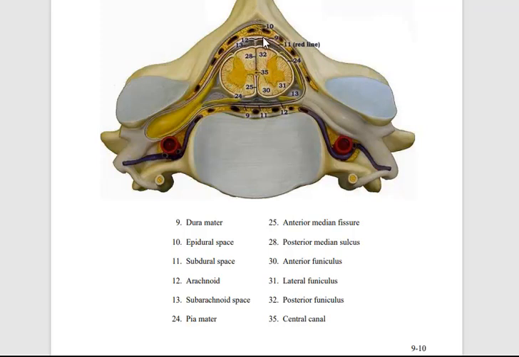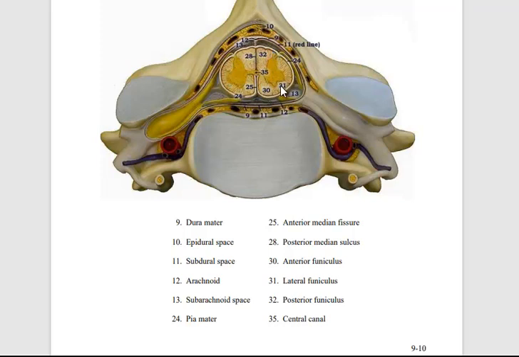But if you can orient yourself with the dura mater, then the subdural, then the arachnoid, then the subarachnoid, and then the loving mother. And the loving mother, the pia mater, is always in close contact with either the brain or the spine. So it's pretty easy to get.